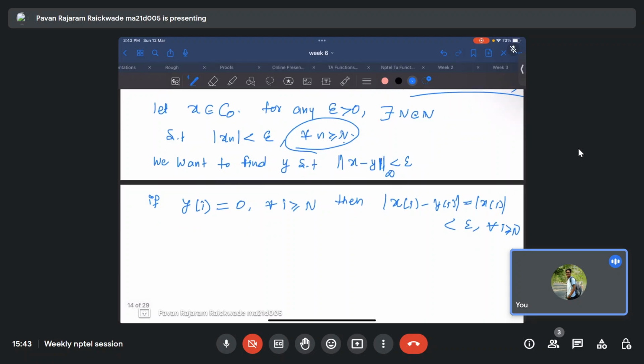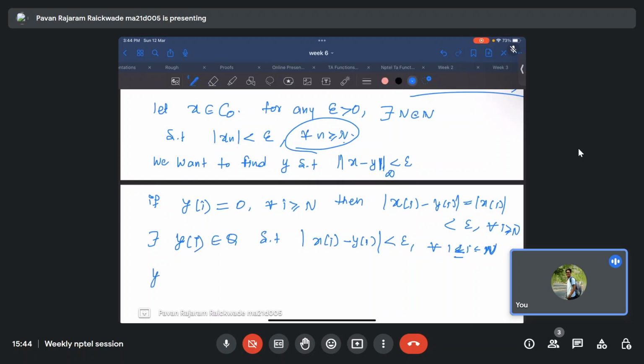Because there are just finitely many entries, and xi itself is a real number, there exists yi, and I choose rationals because rationals are dense in reals. yi belongs to Q such that modulus of xi minus yi is strictly less than epsilon for all i from 1 to capital N. For the first N terms, I choose rational points yi and then create this y.